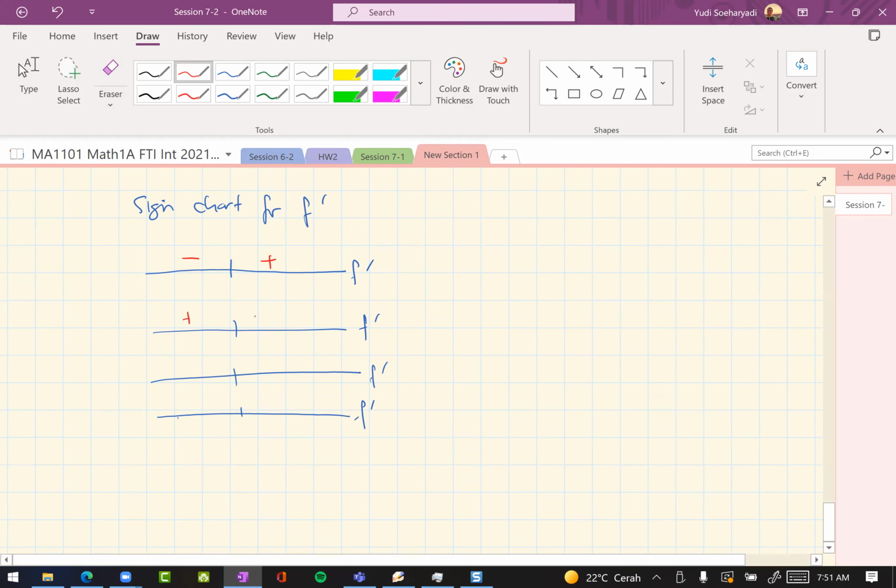Minus plus, plus minus, plus plus, minus minus. Okay, by using theorem A, what we know is that suppose this is the critical point.